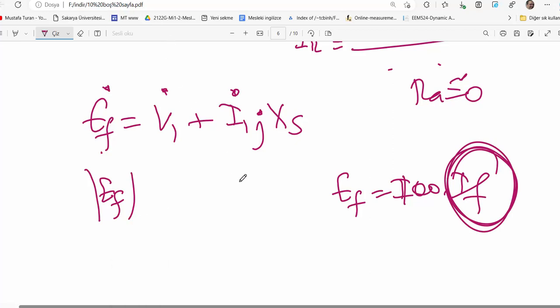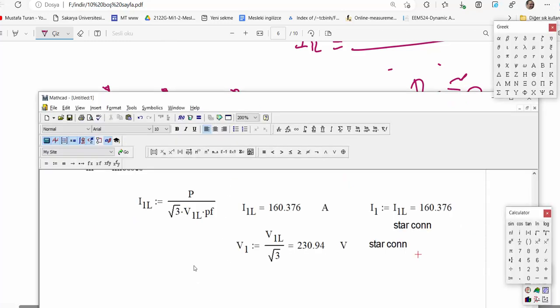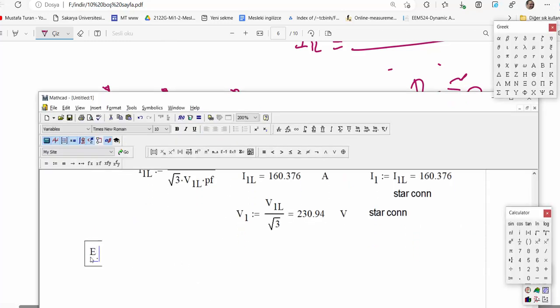But again, do not forget to write phasor relations here. Let's continue. EF is equal to V1, the single-phase voltage, plus I1 times, it must be a phasor, do not forget, j times Xs. And j is a complex parameter having a value of square root of minus 1.